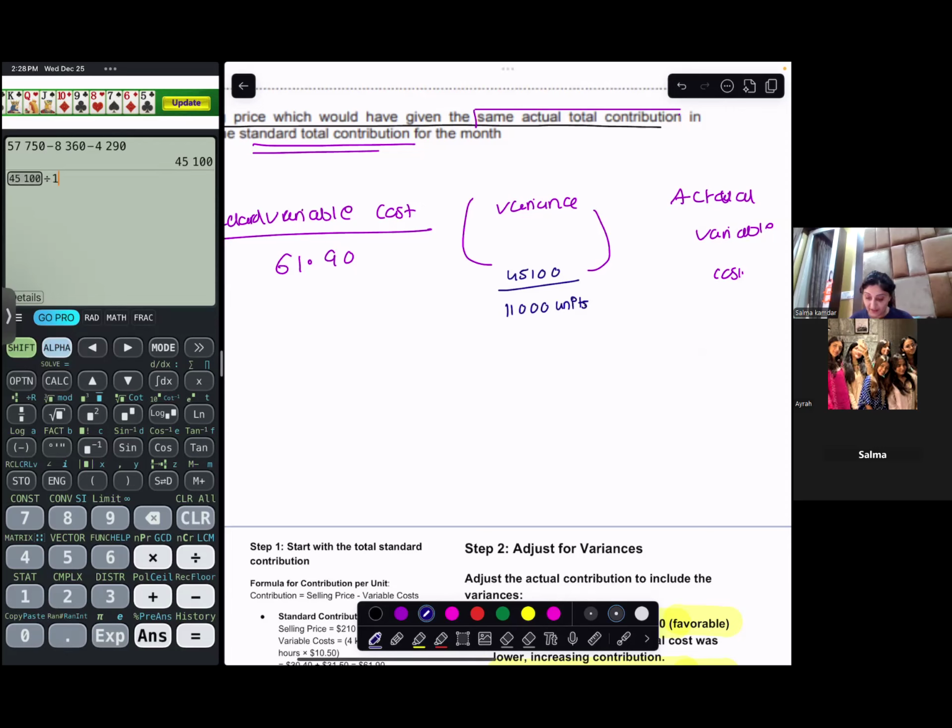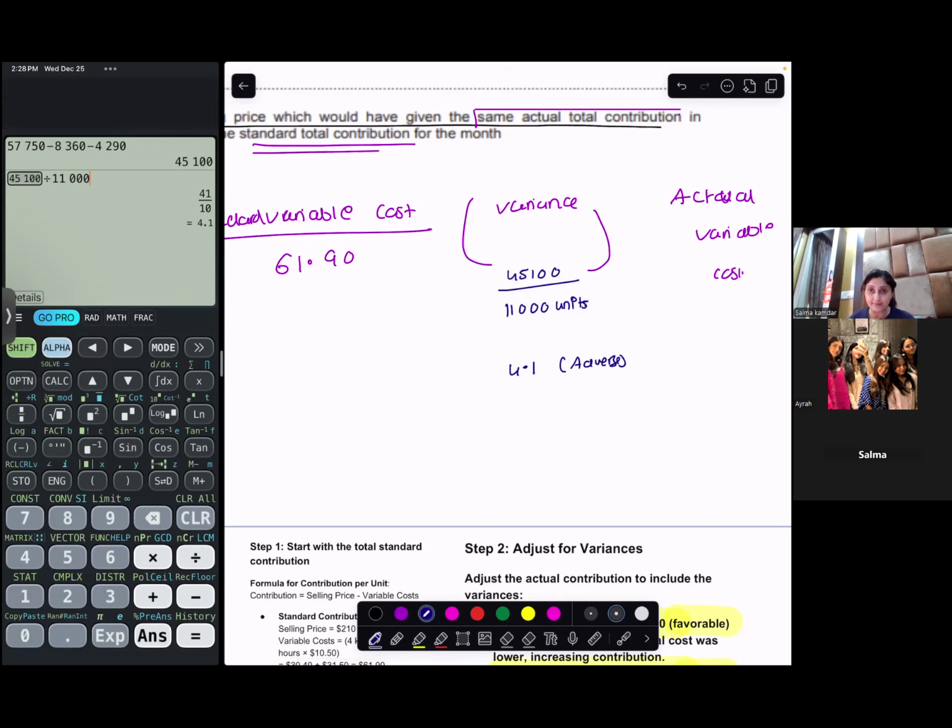So 45,100 divided by 11,000 units gives 4.1 adverse. What does this mean? That you spent more. My variable cost is 4.10 more than the standard.